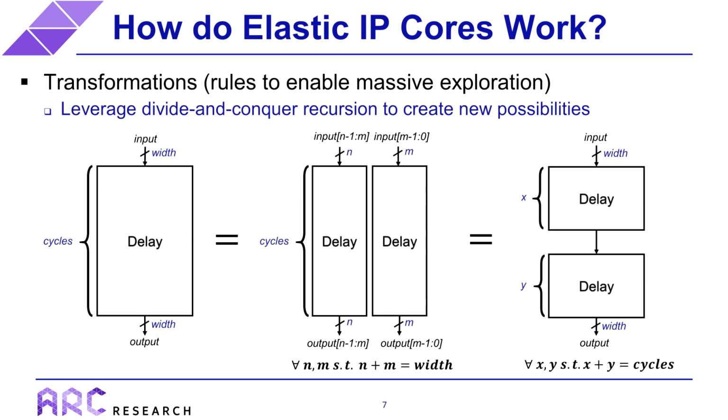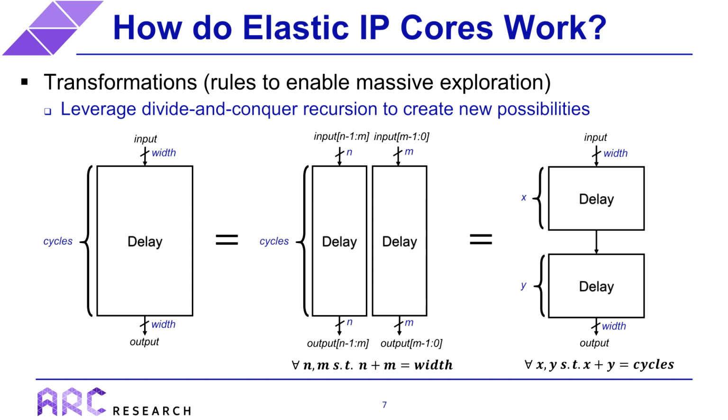So while bases are useful by themselves, the real benefits of Elastic IP come from transformations, which are essentially rules that enable the massive automatic exploration. Basically, transformations define an IP core recursively and possibly in terms of other Elastic IP, but the divide and conquer strategy enabled by the recursion is the key enabling feature.